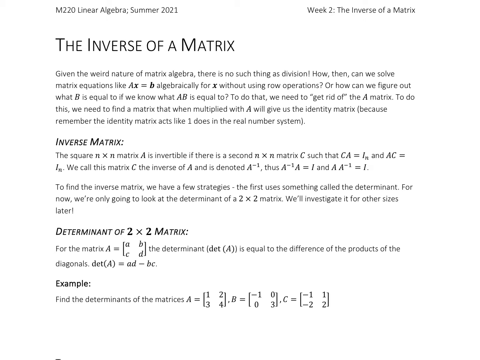If I am multiplying something, to undo that, we would need to divide, right? Those are inverse operations. Well, division doesn't exist, so we need something as a placeholder for the inverse, to take the place of division in this case.